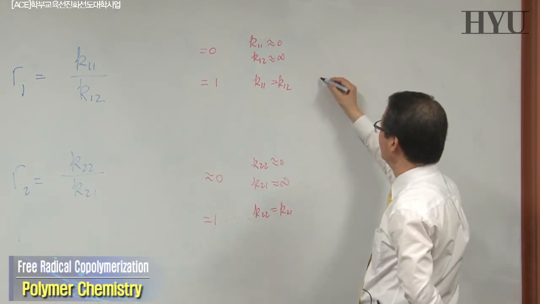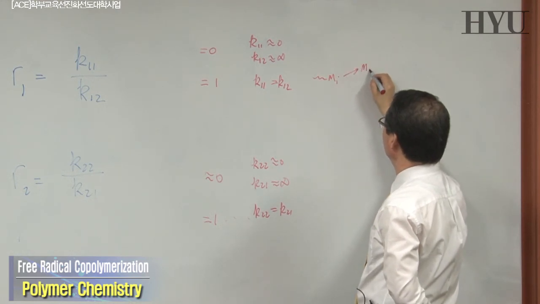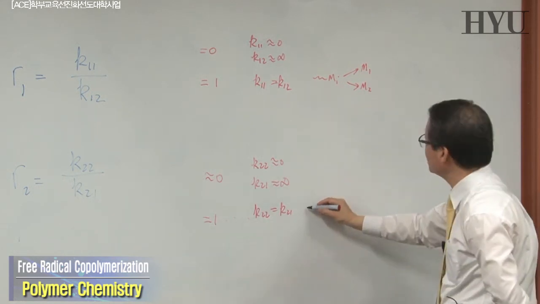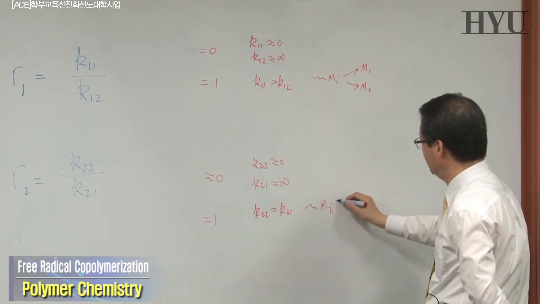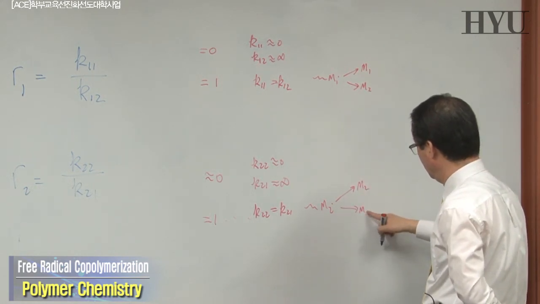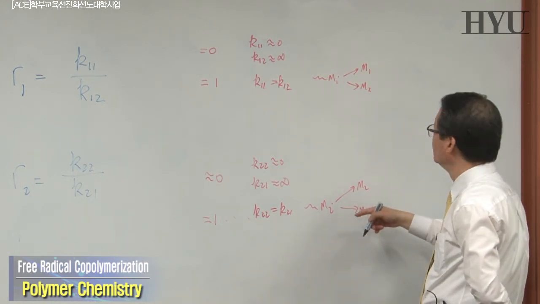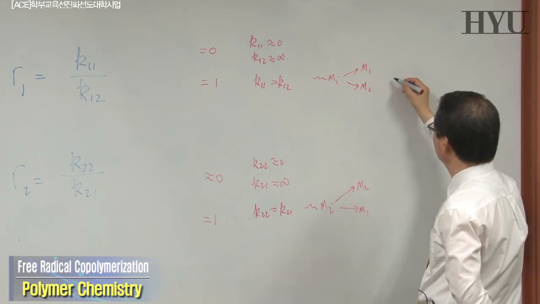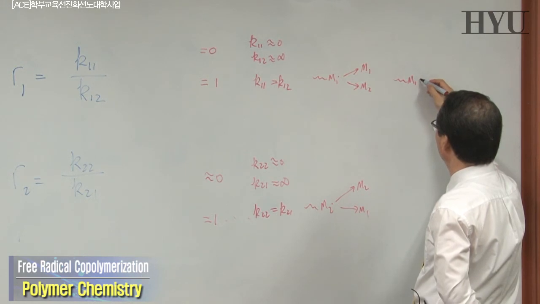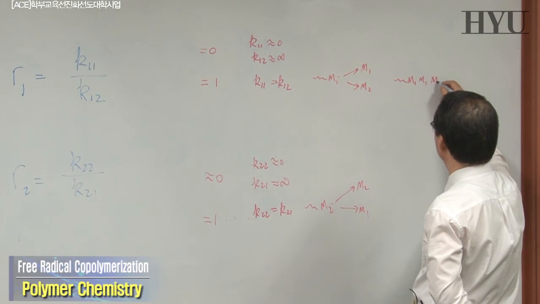This means that whenever you have M1 dot, there is an equal chance to meet with M1 and M2. In this case, M2 dot can meet with M2 or M1. There's equal chance. So in the final composition, if you have an M1 growing chain, there is a chance to form an M1 or M2.